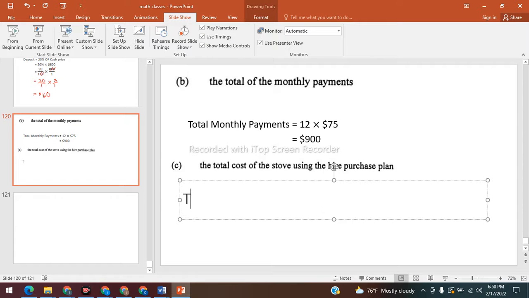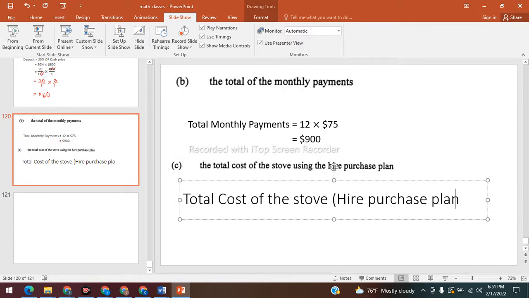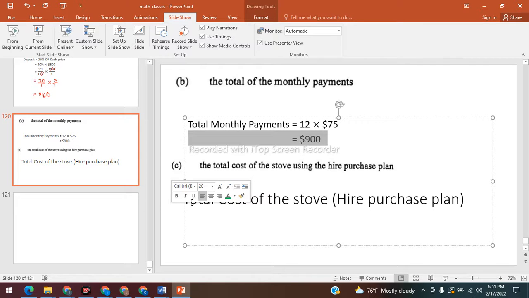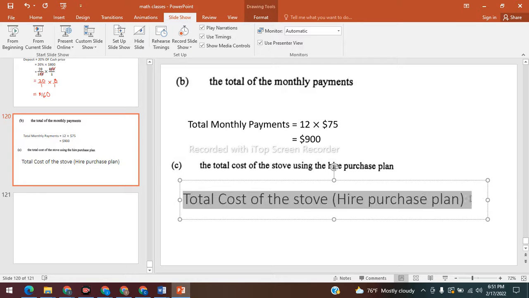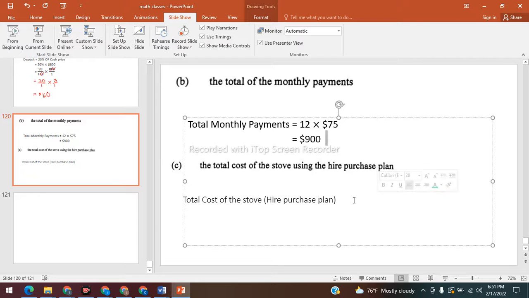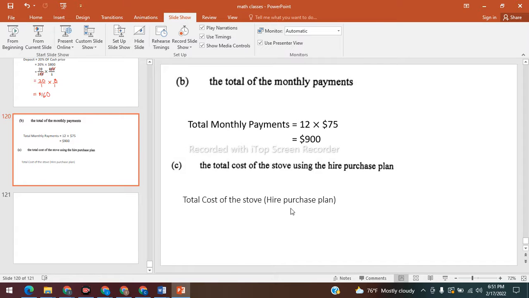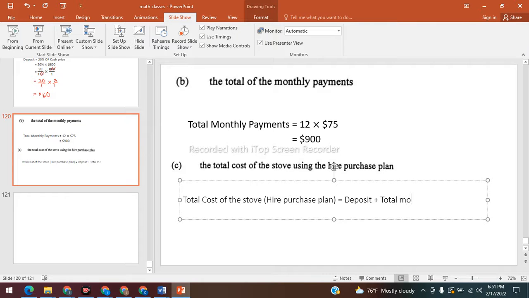So the total cost of the stove using a hire purchase plan is going to be equal to the deposit plus the total monthly payments.